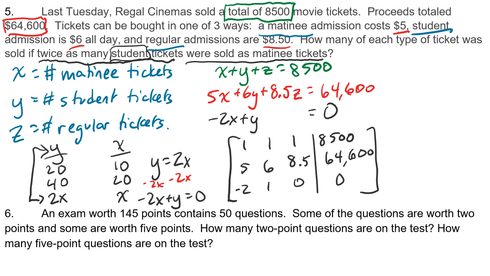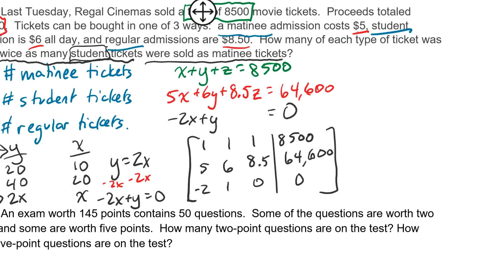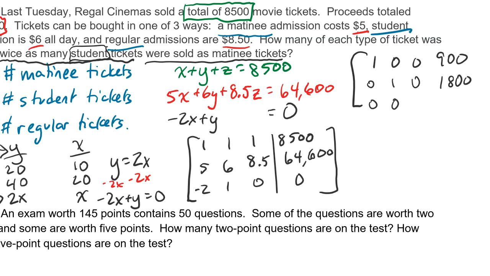All right, put this in your calculator now. And if I just move over slightly so I have some more room, you should get 1 0 0 900, 0 1 0 1800, and 0 0 1 5800.